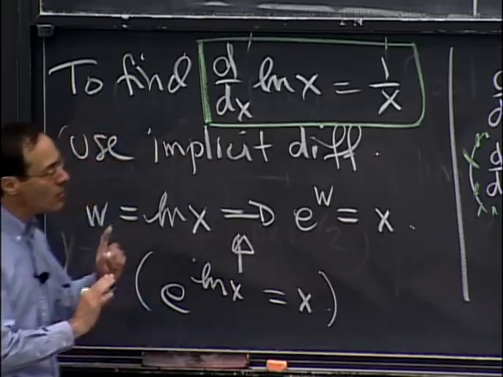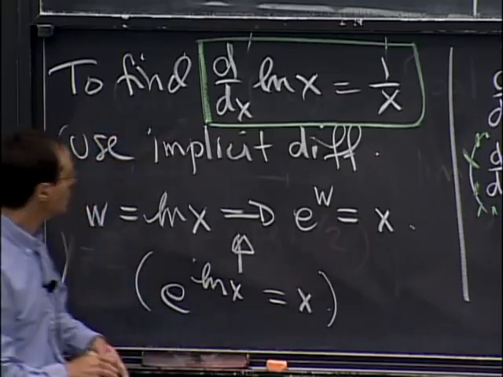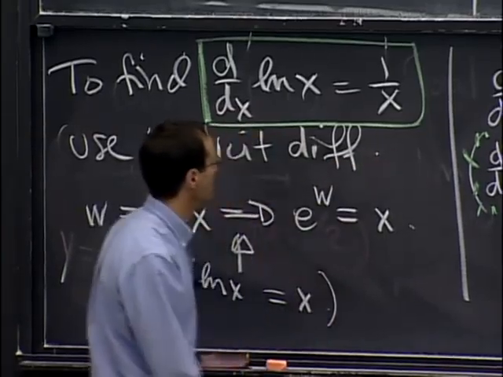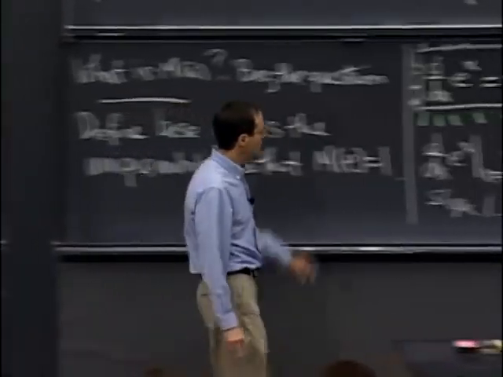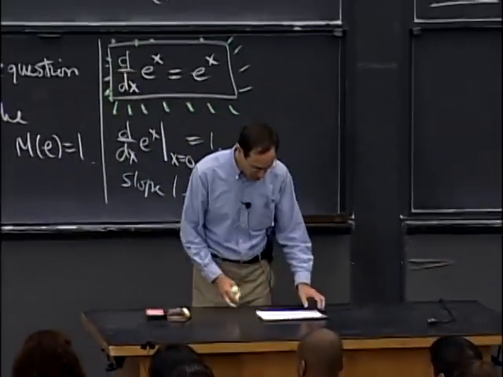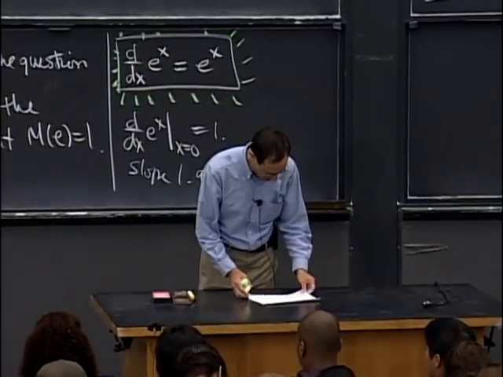All right, so now we have two companion formulas here. The rate of change of log x is 1 over x, and the rate of change of e to the x is itself, e to the x.